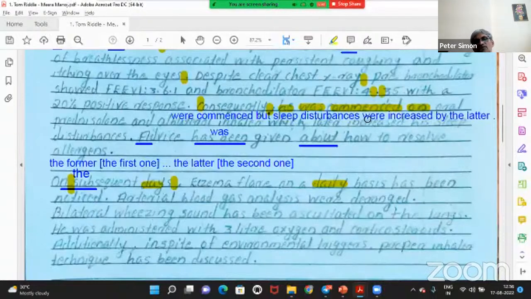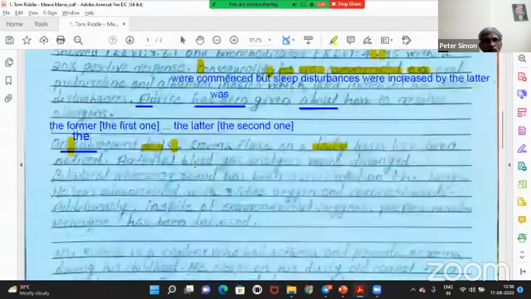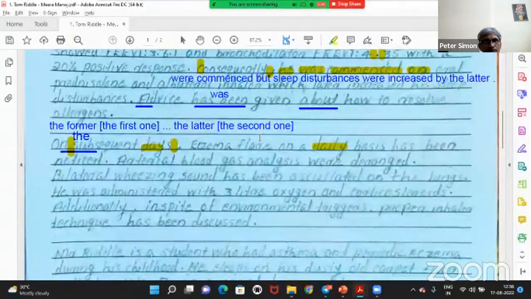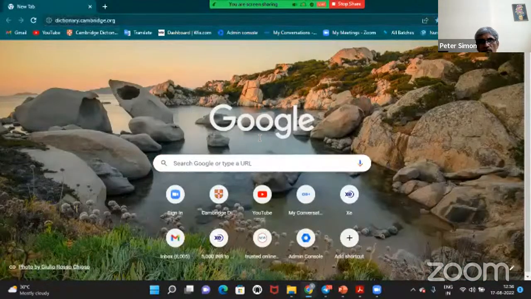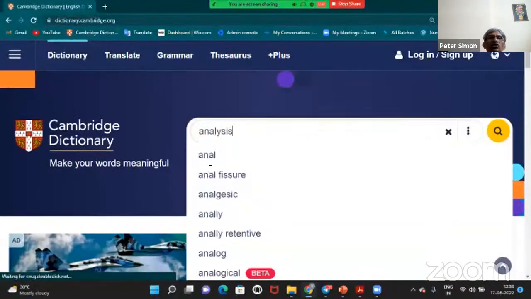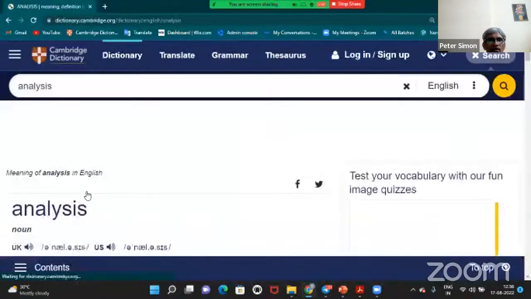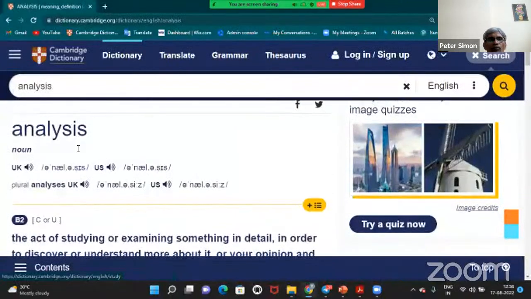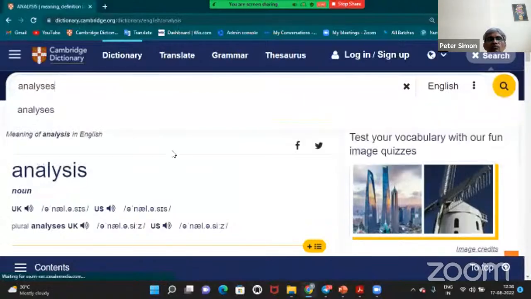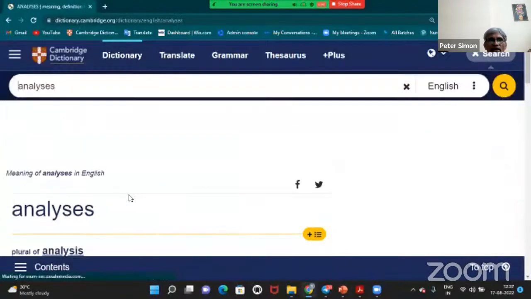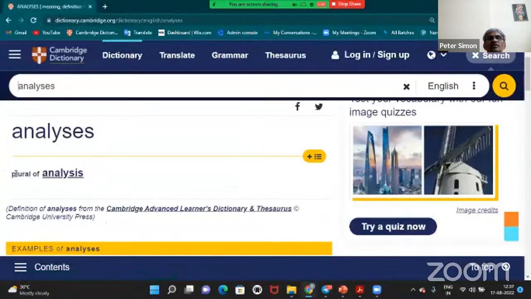Analysis is singular, and the plural is analyses, like crisis, crises. The plural of analysis is analyses.